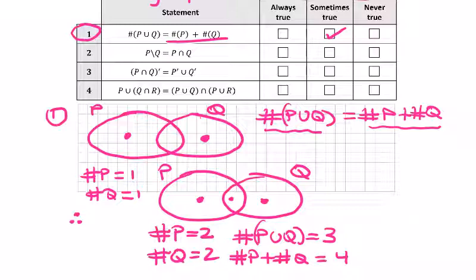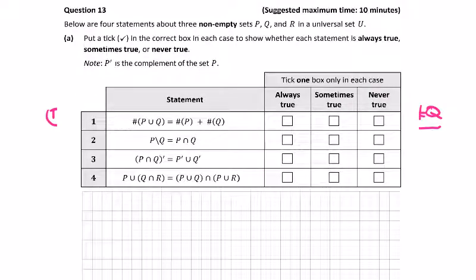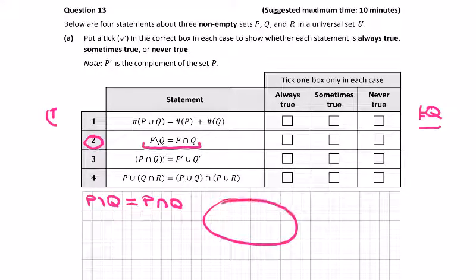Okay, let's look at the next statement. P less Q. We know where that region is. We've done that loads of times. Is it equal to P intersection Q? Okay, let's do two scenarios. P and Q. P less Q is here.